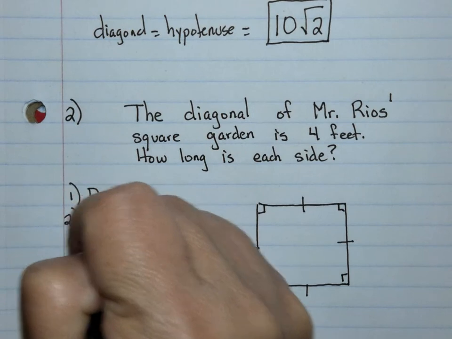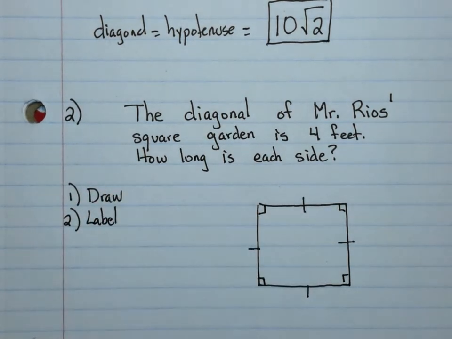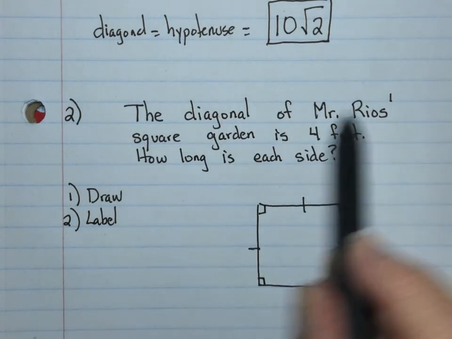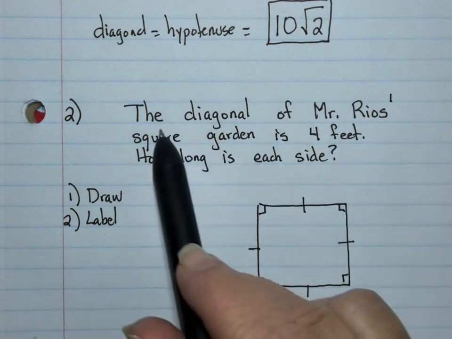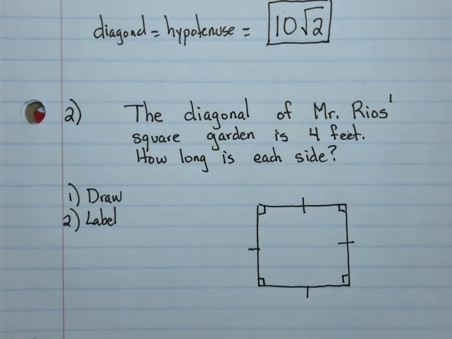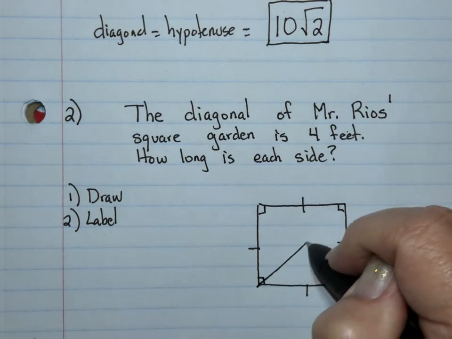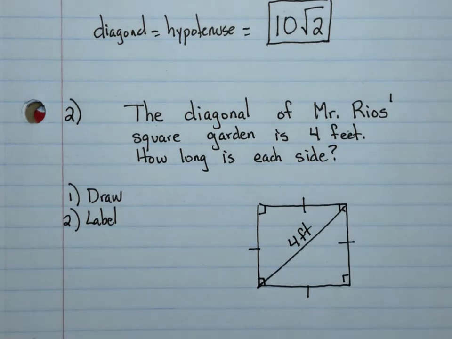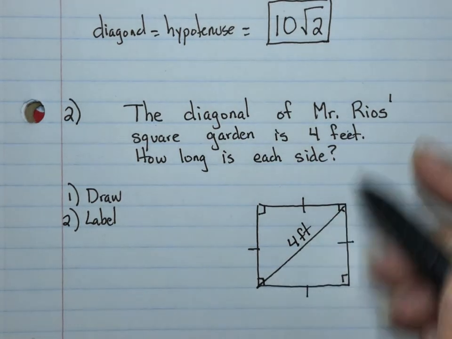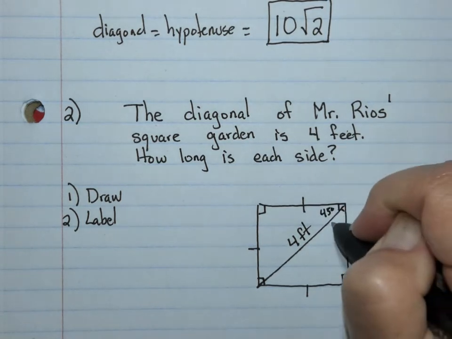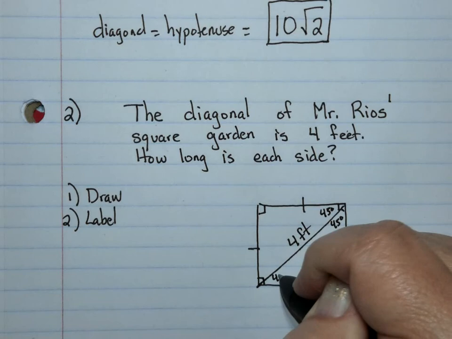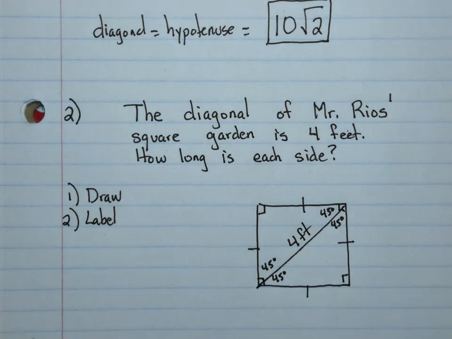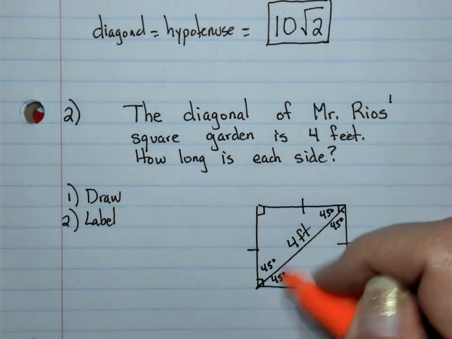And then we're going to label. So our story says the diagonal of Mr. Rios's square garden is 4 feet. The diagonal is 4 feet. So I'm going to come make my diagonal and label that 4 feet. So remember, when I draw the diagonal, it cuts these into 45-degree angles. So here is my right triangle. I'm going to mark that with my highlighter.